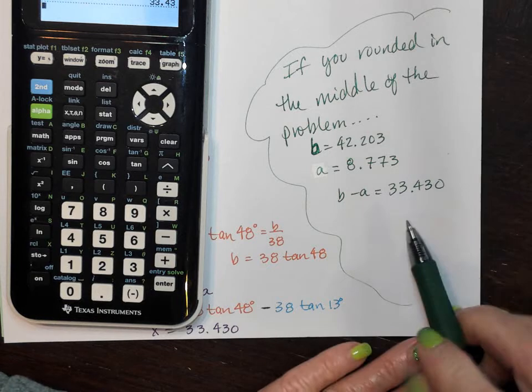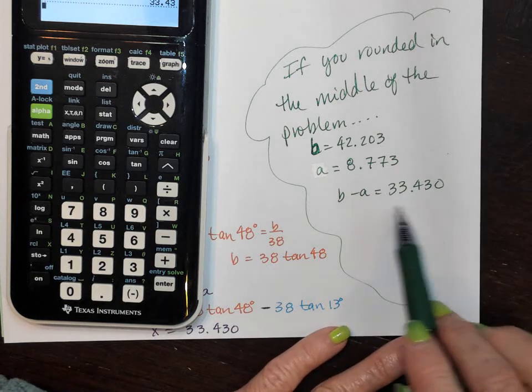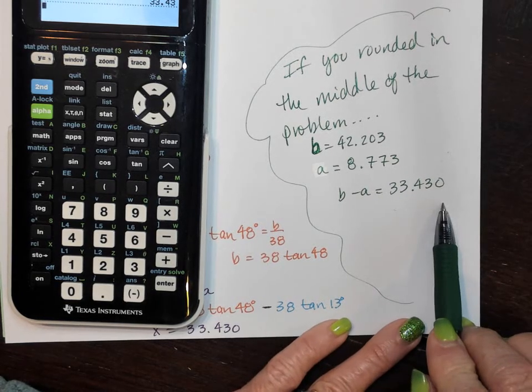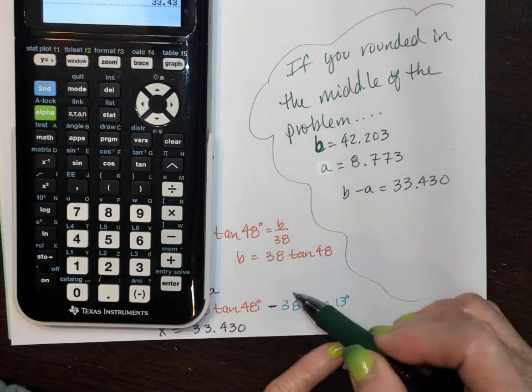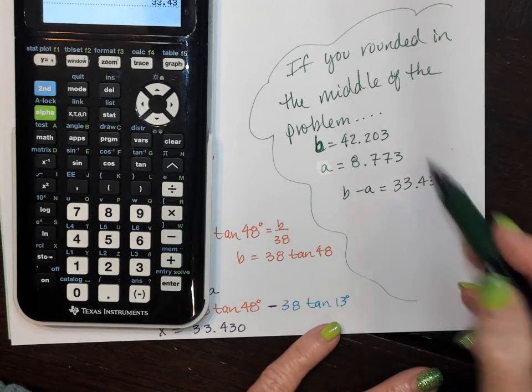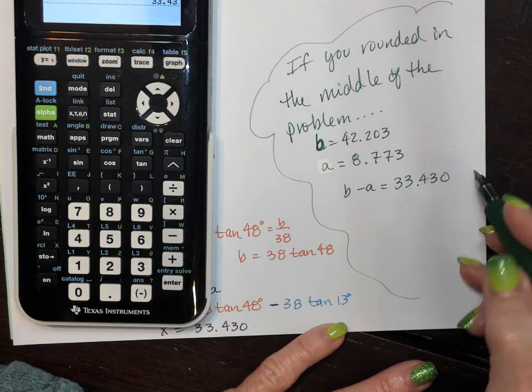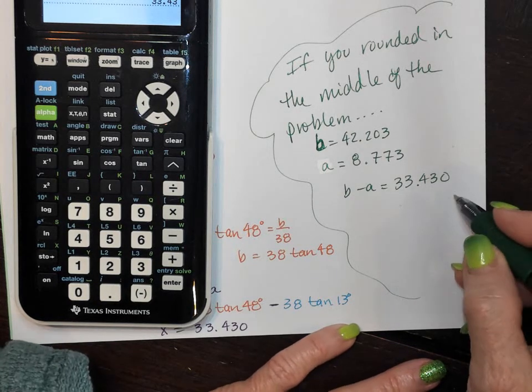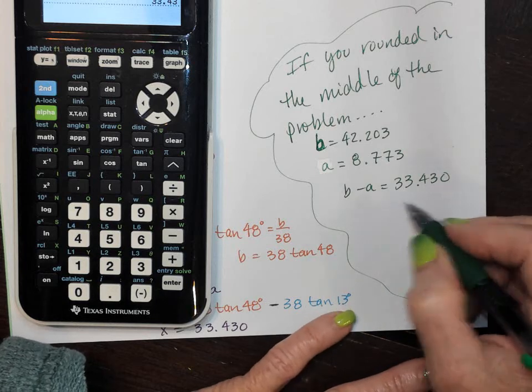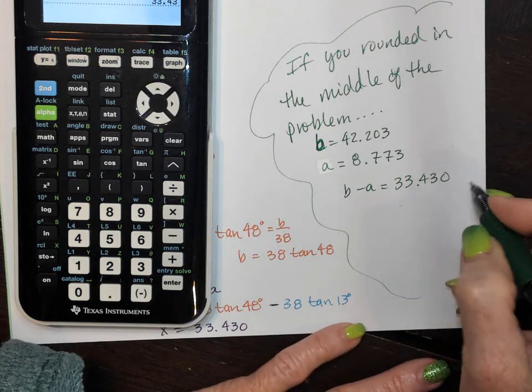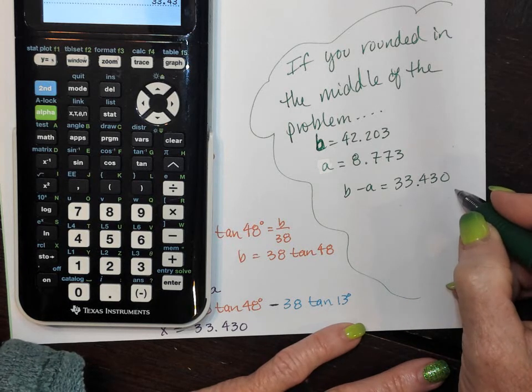33.430. However, sometimes it doesn't come out to be the same thing, so please use this method, not the rounding off in the middle one. I thought I had an example where it would show you they were different, but I didn't. Sorry. Sometimes they come out to be different. They come out to be close, but not exactly the same thing.